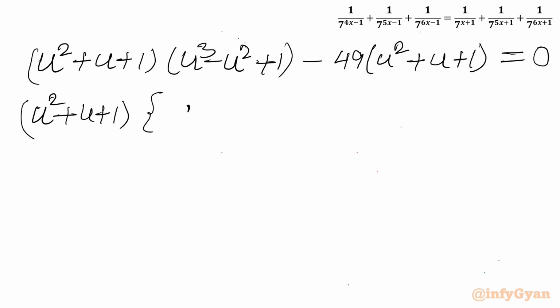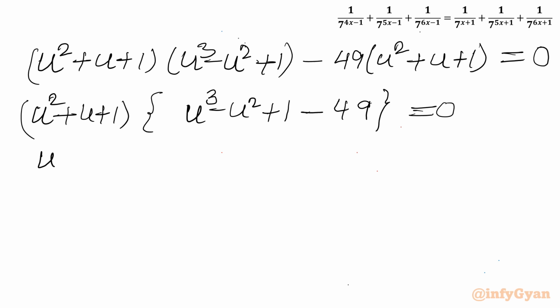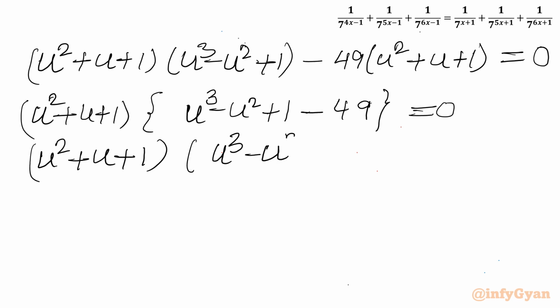So in the bracket we'll have u³ − u² + 1 − 49 = 0. Now I can write (u² + u + 1) times, in the other bracket, u³ − u² − 48 = 0.